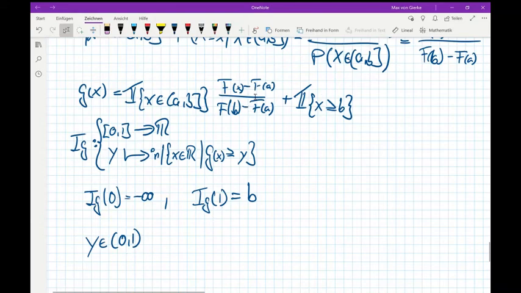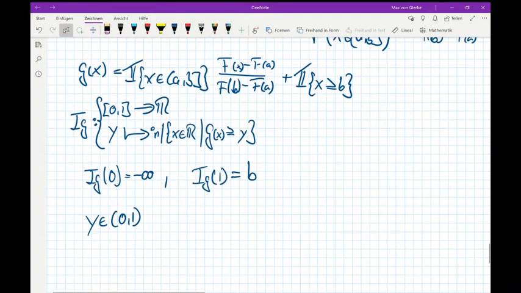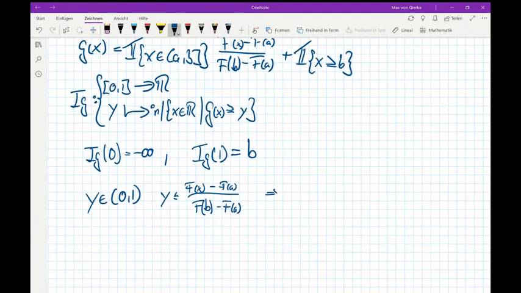So what happens here? g is just this fraction now, in this case. So we have y is smaller or equal than F(x) minus F(a) over F(b) minus F(a), which is... okay, what have we got here?